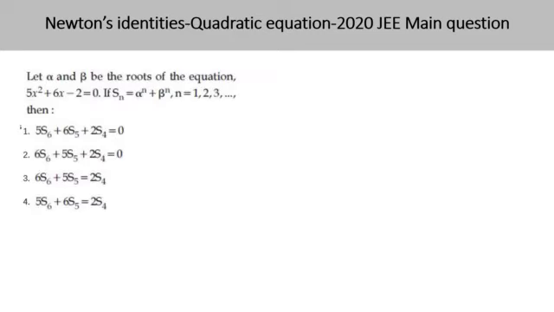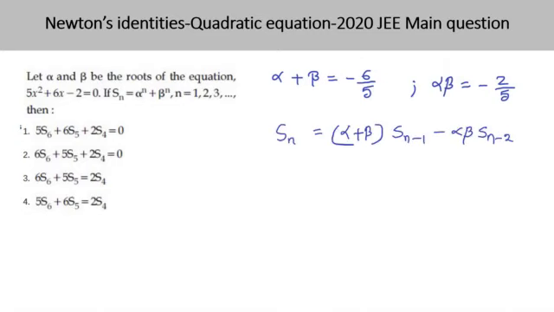5x square plus 6x minus 2 is equal to 0. So alpha plus beta is equal to minus 6 by 5 and alpha beta is equal to minus 2 by 5. Now we know Sn is equal to alpha plus beta Sn minus 1 minus alpha beta Sn minus 2.